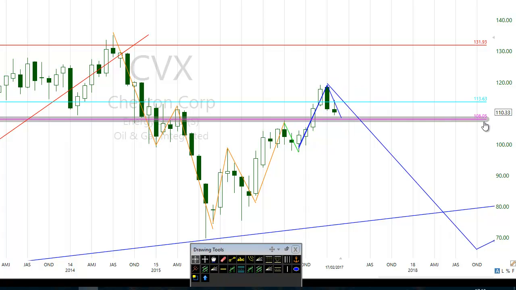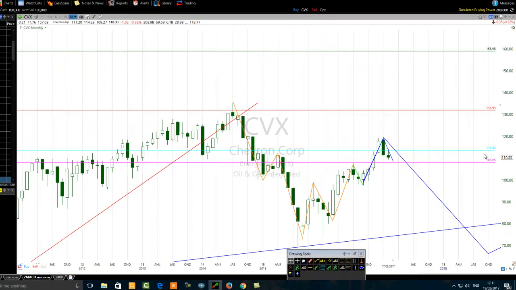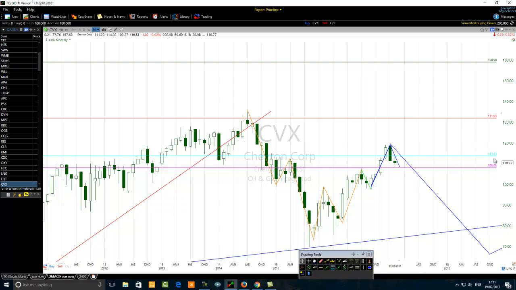By the way, the pink line here, this I need to mention to traders now, is the first long-term equilibrium price level for Chevron in 2017 at 108.05. I will not repeat myself again. And the current short-term equilibrium price level for Chevron is at 113.63.